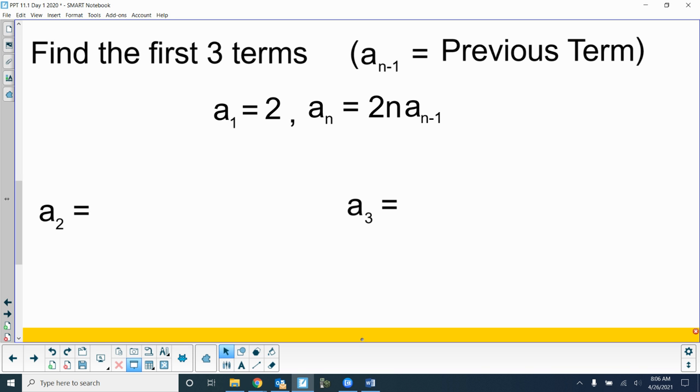What's the previous term? What's the one you just got? What'd you get for the second term? This one, that's the last three. Three is for the third term. No, the whole thing.